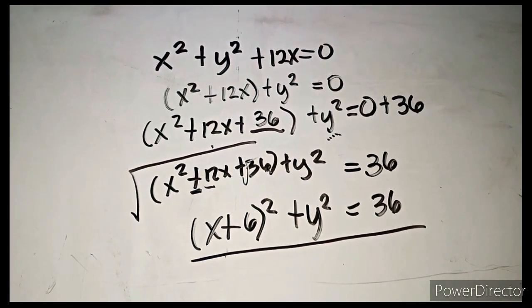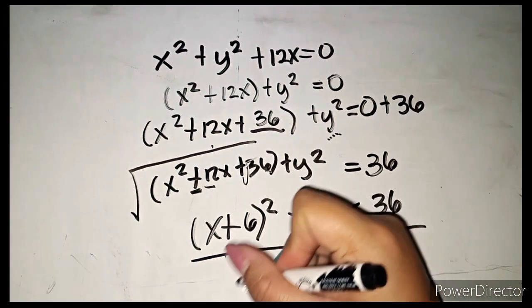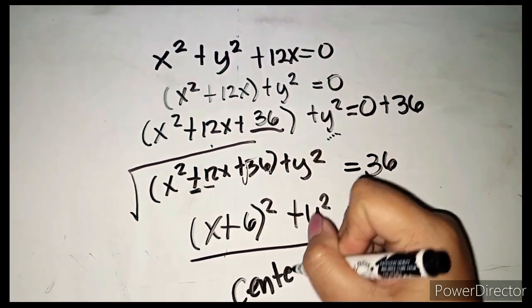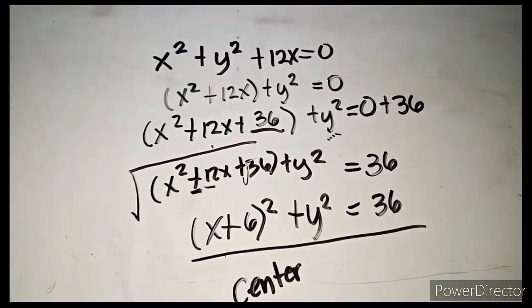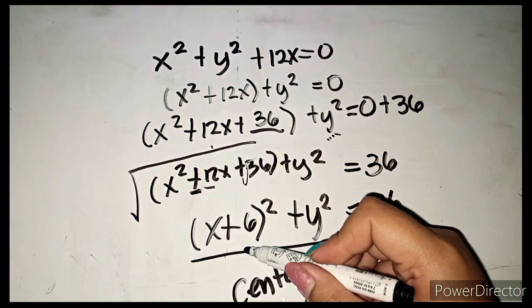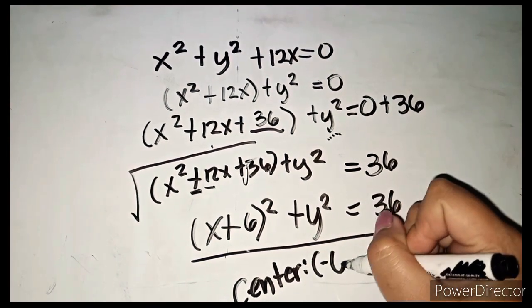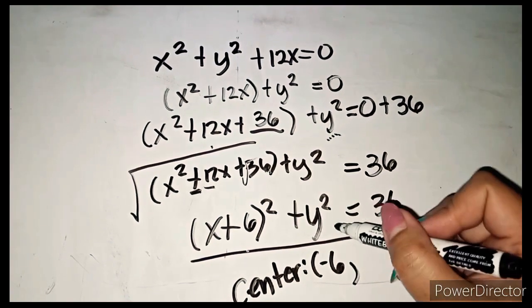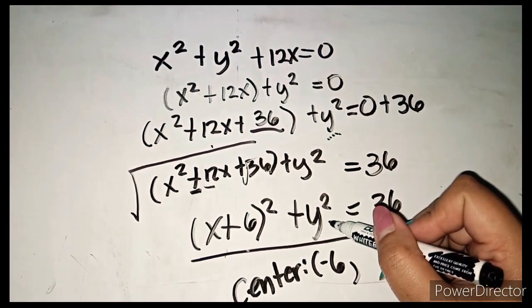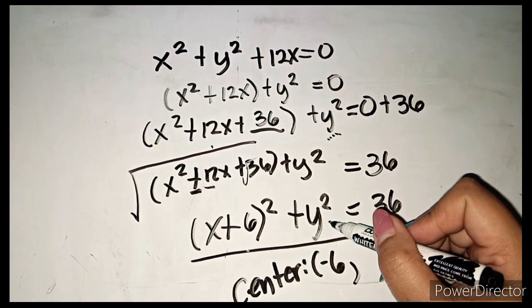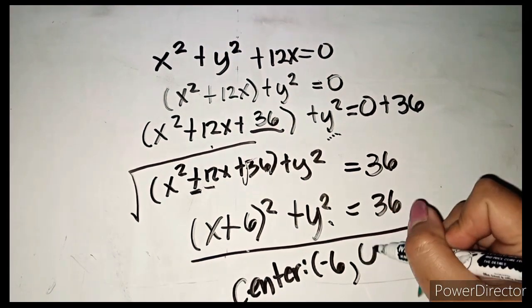Okay, now, so pwede na natin ma-identify ngayon yung center natin. So, our center now, from positive 6, magiging negative 6. And since wala ang kasama to, wala tayong value ng k, it means 0 na po siya.